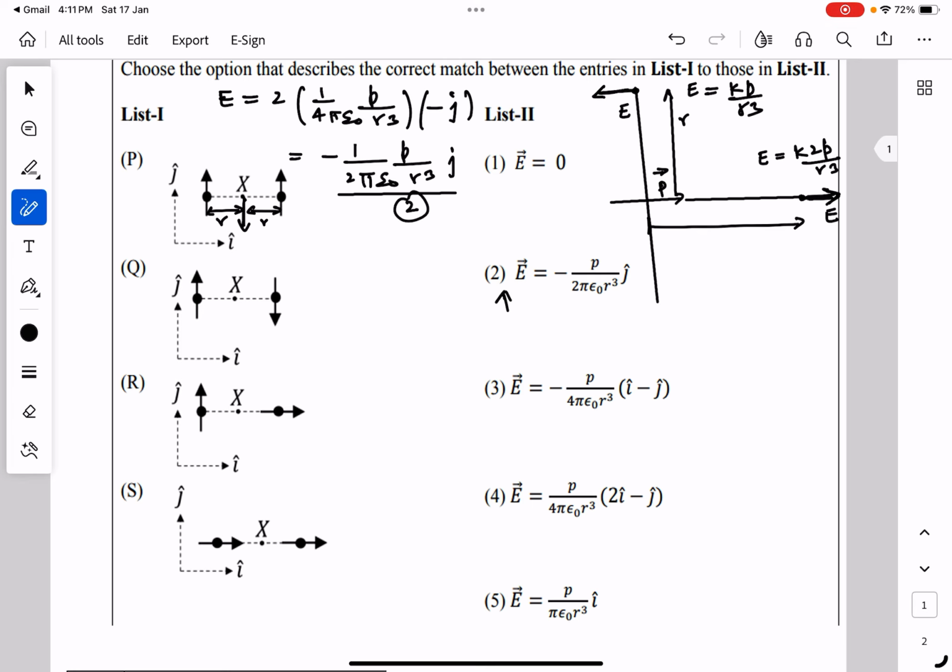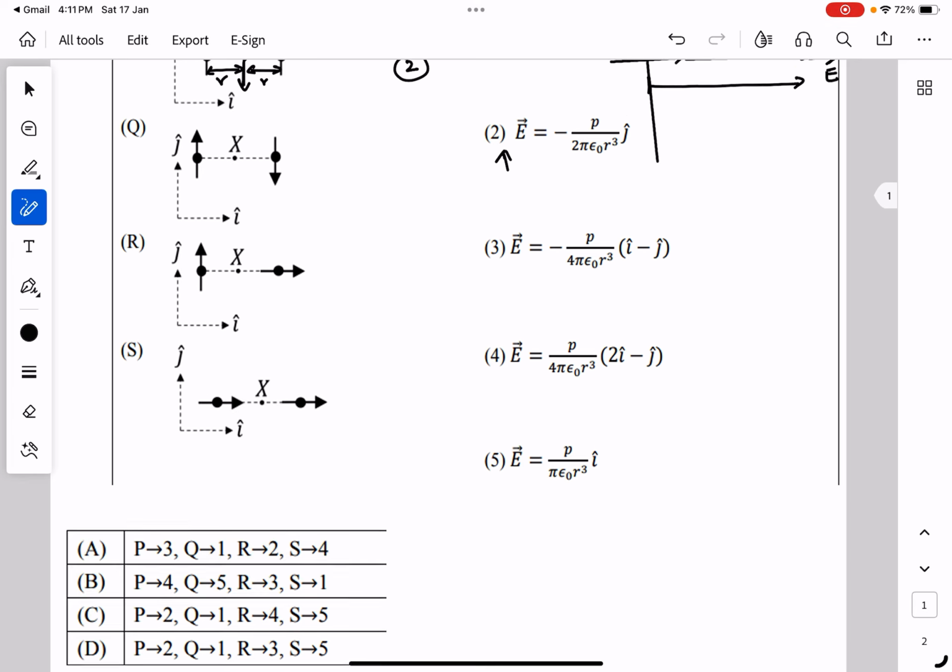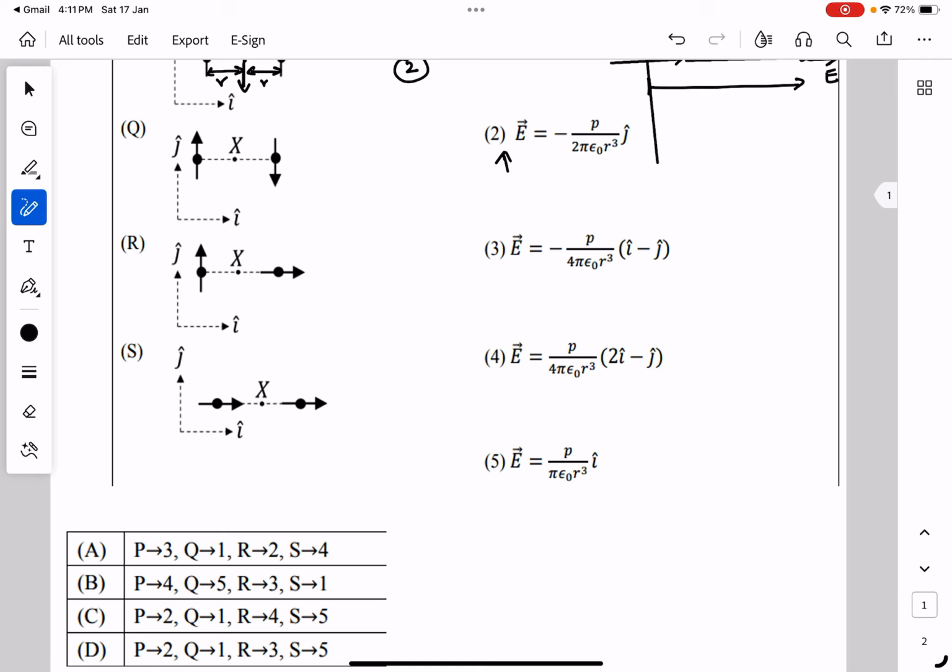Now let us take up the next question. In this case, dipole 1 is pointing in positive y direction, but dipole 2 is pointing in negative y direction, and point X is located on the perpendicular bisecting line of each dipole.